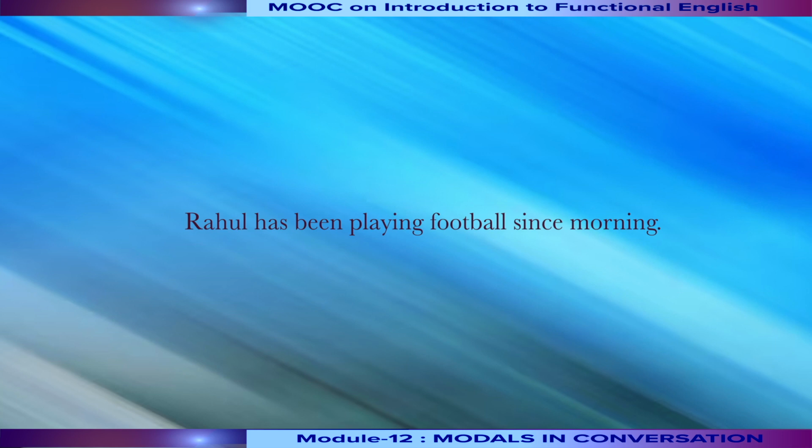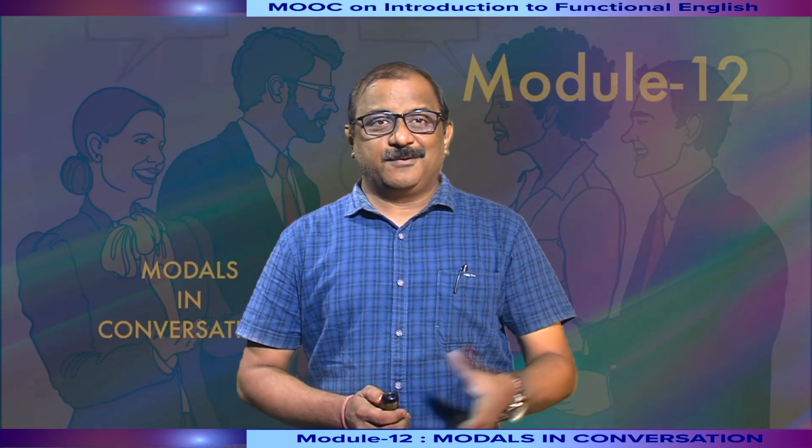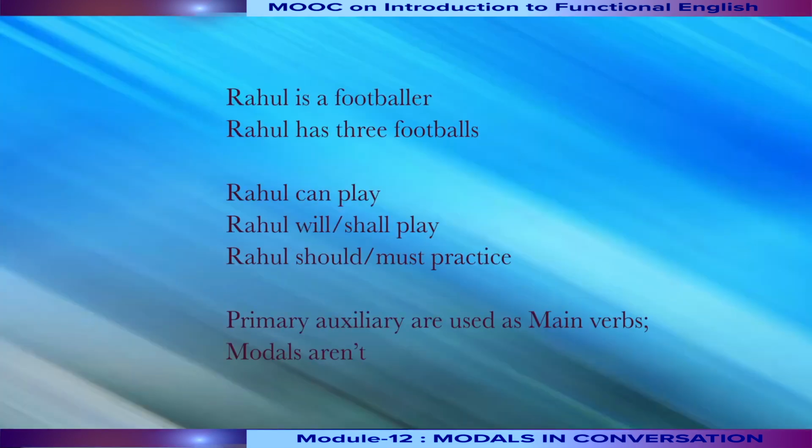Coming now to modal versus primary auxiliary. Let's again go back to our friend Rahul and take some sentences. Rahul is a footballer. Rahul has 3 footballs. Take another sentence: Rahul can play. Another: Rahul shall play.